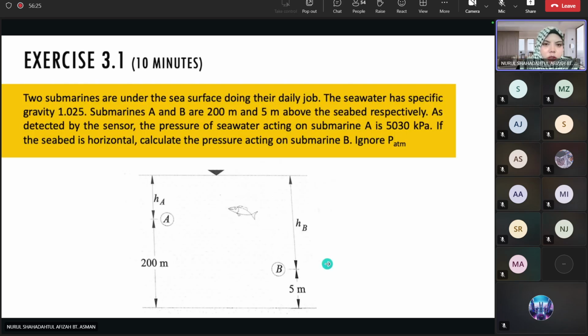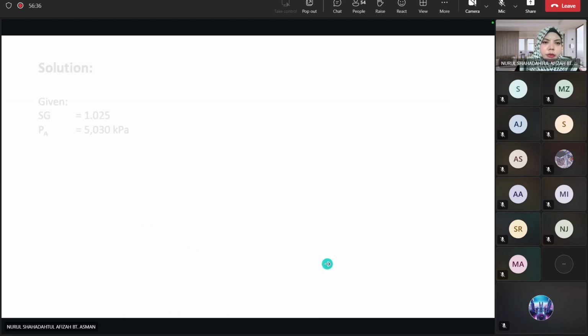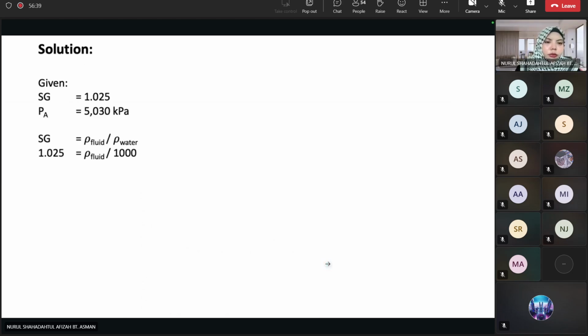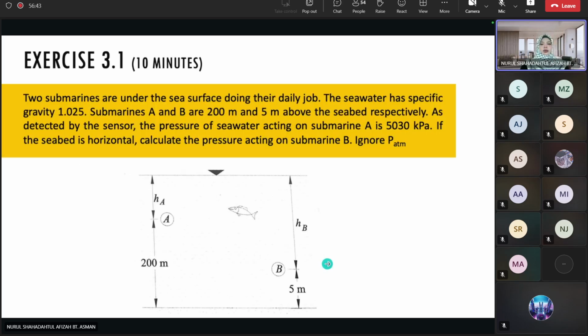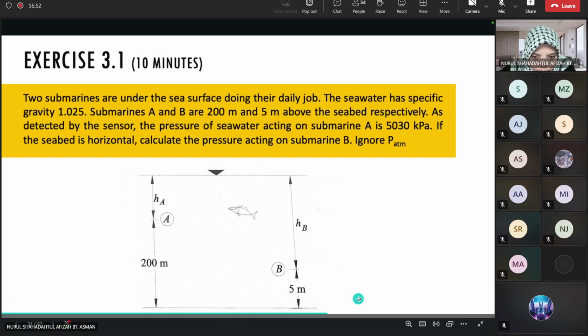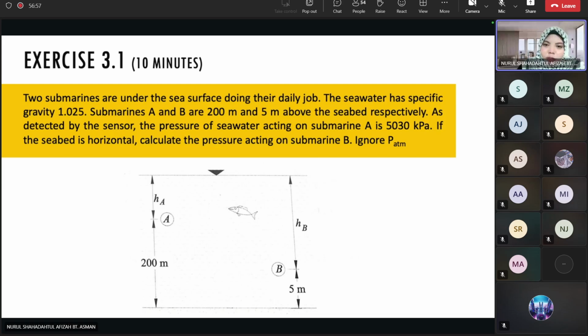Because they gave the specific gravity, to calculate the pressure, ρgh is the formula, so you need to find the density. You can try to calculate first. 10 minutes, until 9:06. There is plenty of time. Okay, you can try to do it.